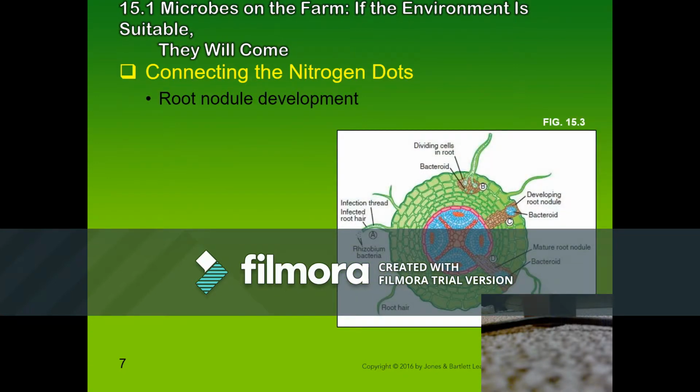So again, here are some of those root nodules, like the nodules you saw in one of the first pictures. The nodules have a lot of plant cells around them, shown green in this picture, and then in the center there are a bunch of rhizobium bacteria that are going to live inside that nodule.